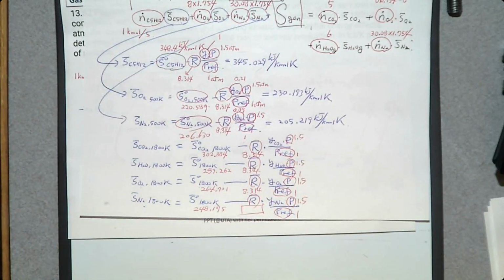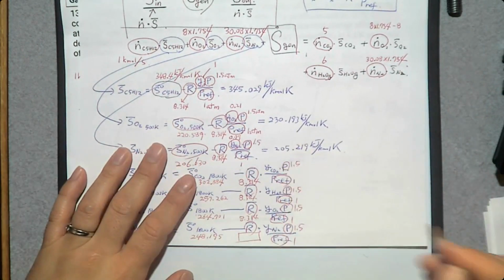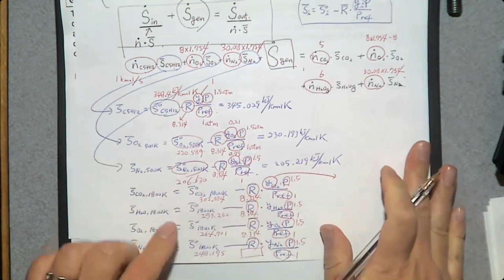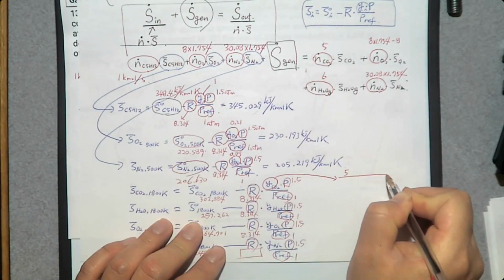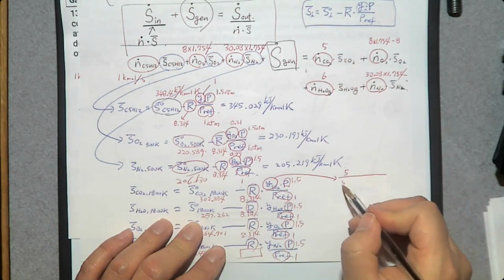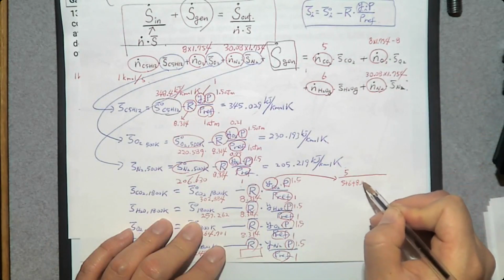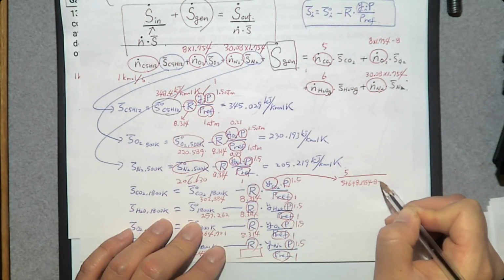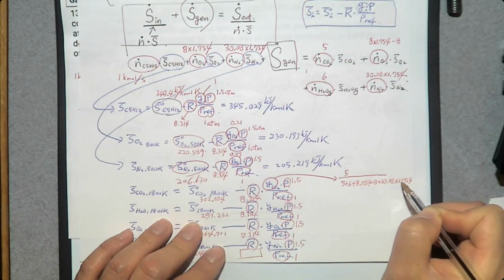Then the mole fraction of each component. How do you find the mole fraction of each component? The number of moles of that component divided by the total number of moles. So for this one, the number of moles of this component, 5, divided by the total: 5 plus 6 plus (8.1754 minus 8) plus 30.08 times 1.754.